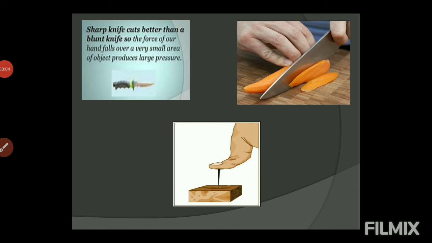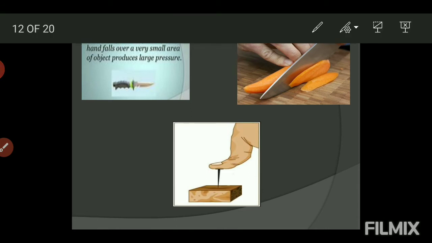In this case, you can see the man is trying to pierce a nail inside a wooden block. Now, when you pierce, which end of the nail do you choose? This is the blunt end and this is the sharp end. And we go for selecting the sharp end to pierce in. The reason, again, because the surface area here is less.